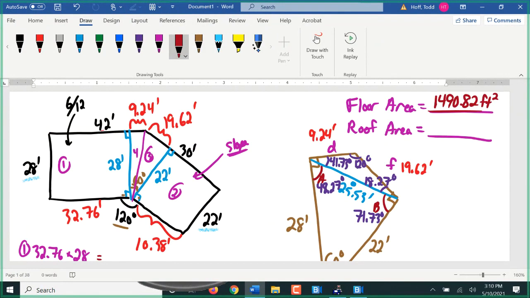The area of the roof is a little bit trickier. To find the area of the roof, we're going to have to find this slope. Draw this in here. And what we have is 4 trapezoids.